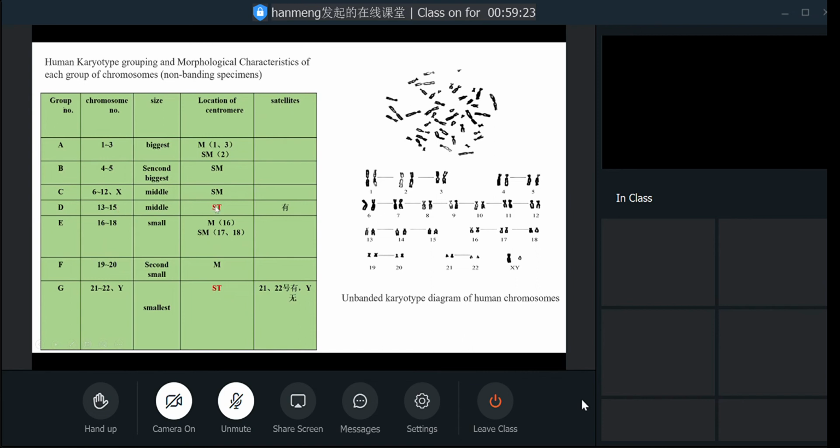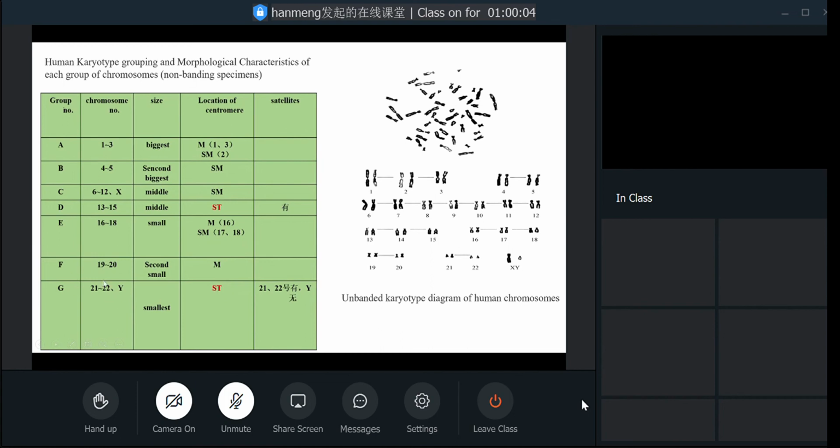And here you can see that the D group has satellites, and its centromere position is acrocentric. And the E group contains chromosomes 16 to 18, and the F group contains chromosomes 19 and 20, and the location of the centromere is metacentric.